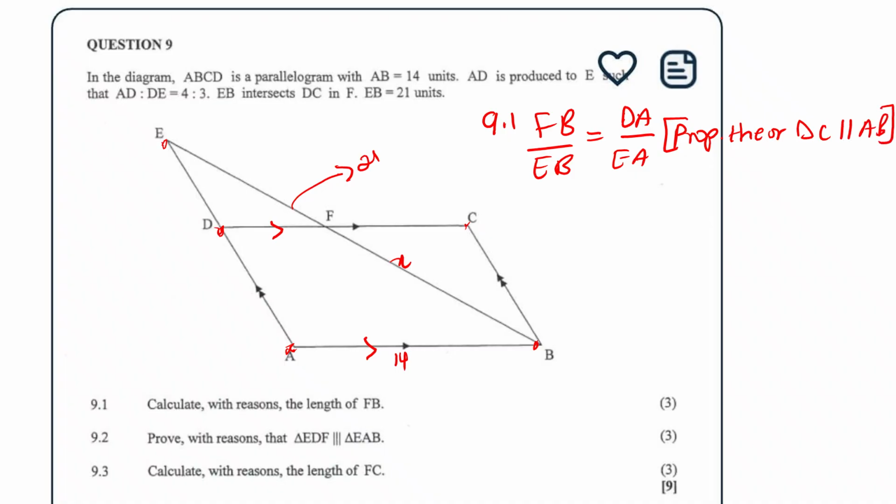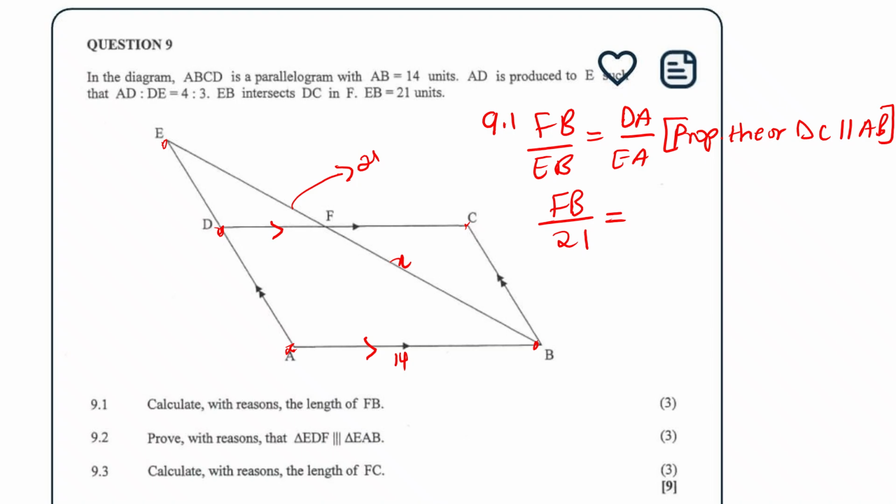Very good. Therefore, to solve for FB, FB over EB, where EB is 21, so 21 is equal to DA over EA.